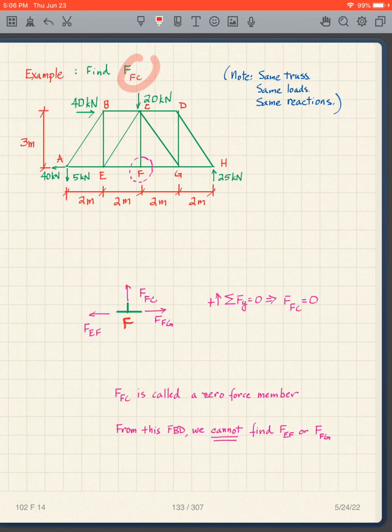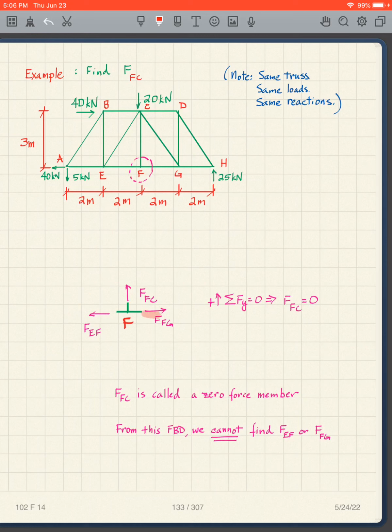Okay, FFC for this one. Where's FFC? There's FFC right there. This is an example. How do I do this? Well, now we're going to see some tricks. Sometimes it's fast to go with a node like this because some things are very visible. There's my free body diagram of that point. And what do I have?